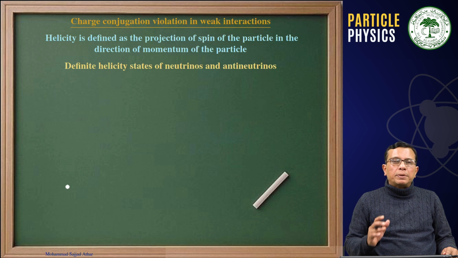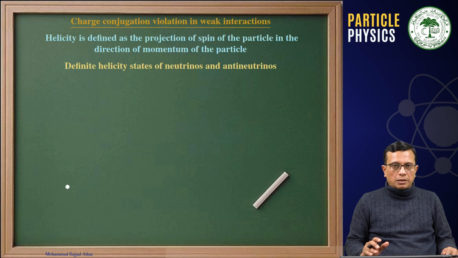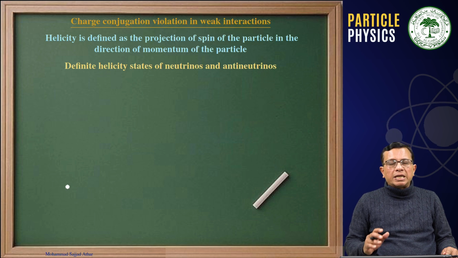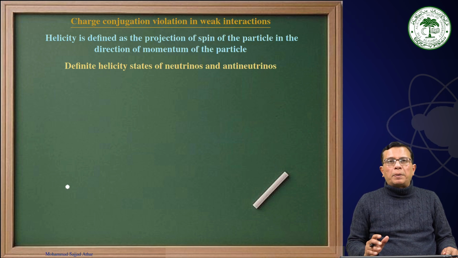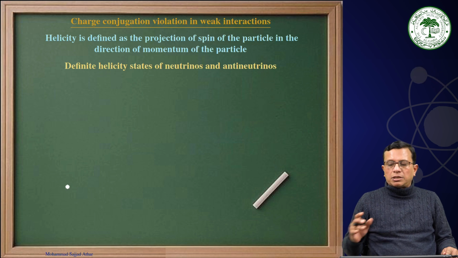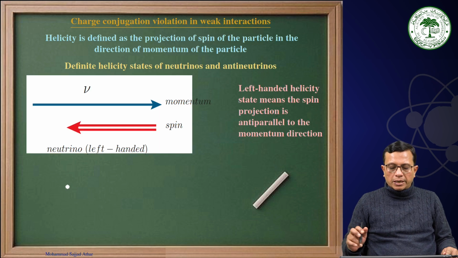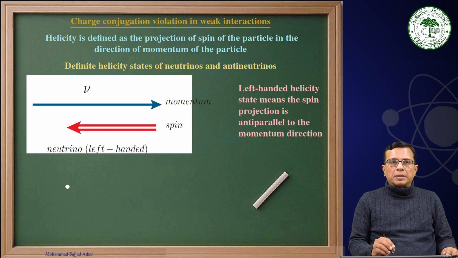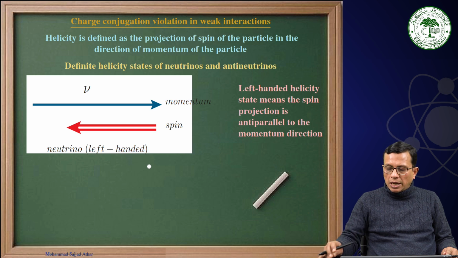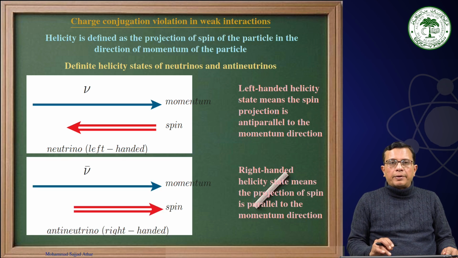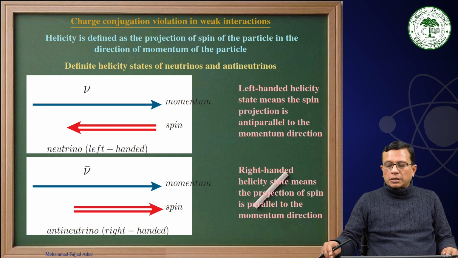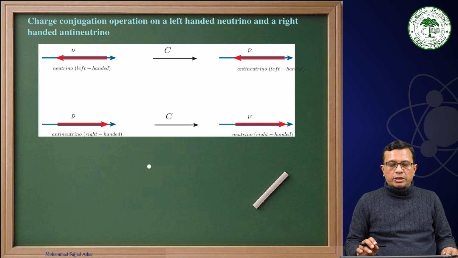Left-handed means the spin of the particle is opposite to the direction of the momentum of the particle, and right-handed means the spin of the particle is in the direction of the momentum of the particle. Here we are representing a neutrino, and in the second case an antineutrino, where you can see that momentum and spin are aligned in the same direction.